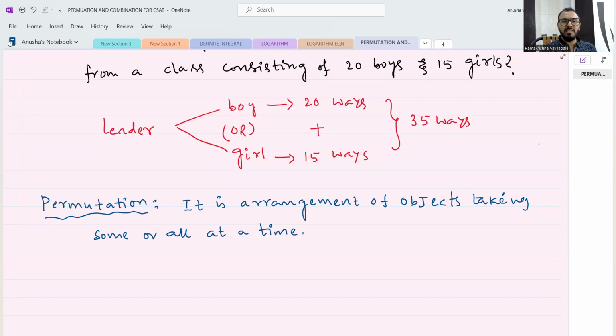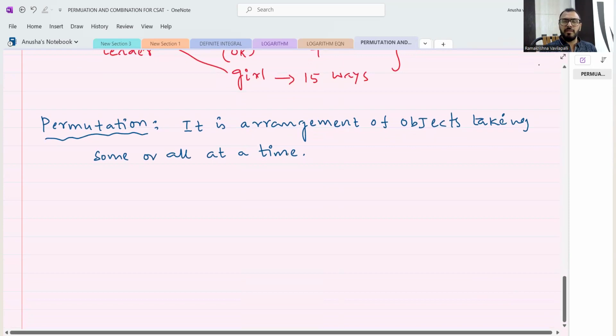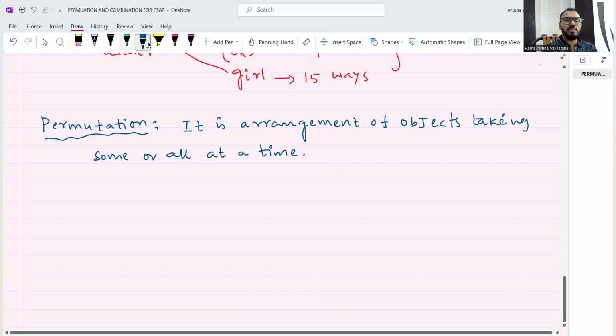So permutation is nothing but an arrangement of things or objects or persons or letters or balls, whatever it may be, we just have to make them arrange. For example, it is very simple. In how many ways can two persons be arranged along a row?